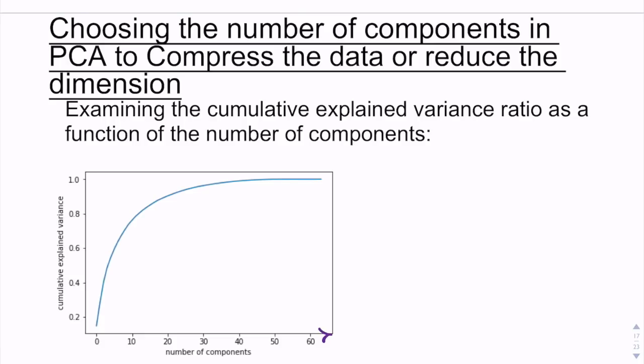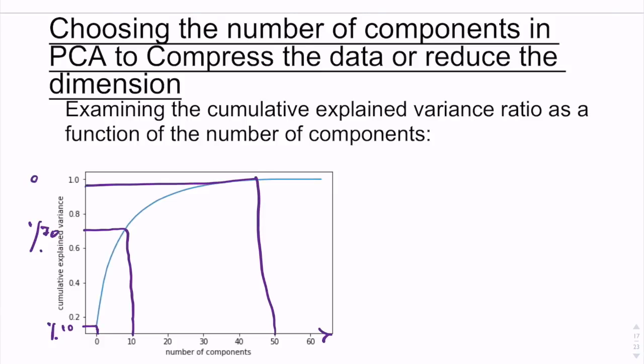But this graph shows that if I include the first principal component, it explains only 10% of the variability in the data. If I include 10 principal components, they explain 70% of the variability. If I include, let's say, 50 principal components, they explain almost 90%.